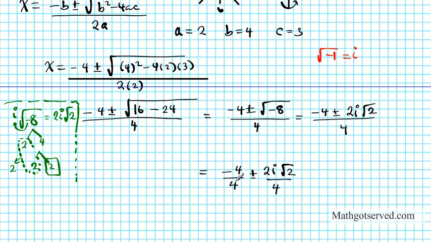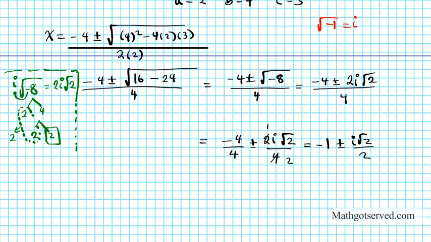This part here we can divide by 4 top and bottom, which gives us negative 1. And in this one, 2 goes into 2 once and 2 goes into 4 twice, so plus or minus i root 2 over 2. So the answers, let's split them apart, are negative 1 minus i root 2 over 2 and negative 1 plus i root 2 over 2. And there you go, there's your answer.